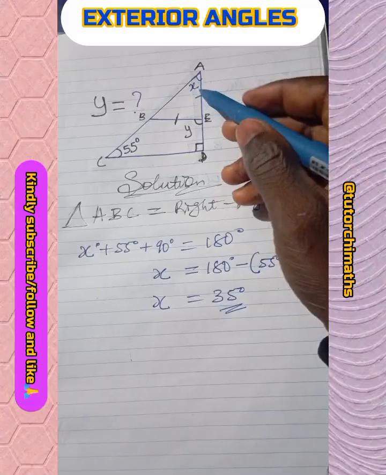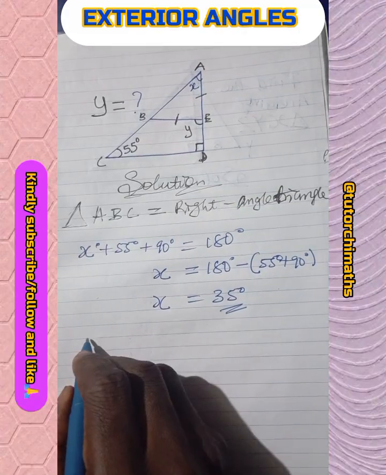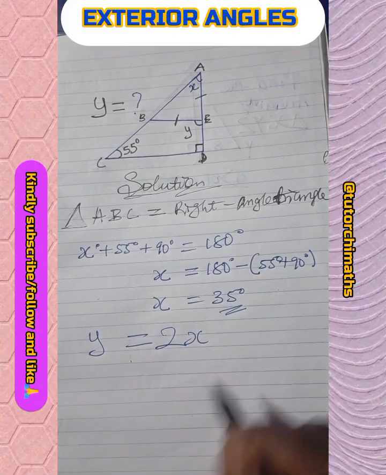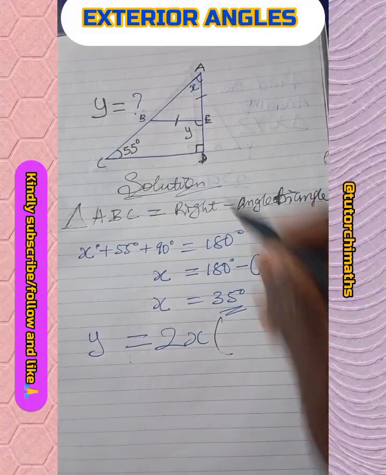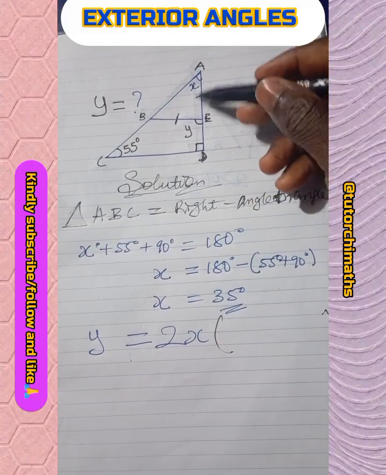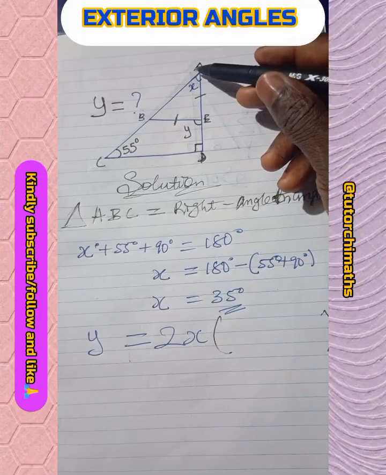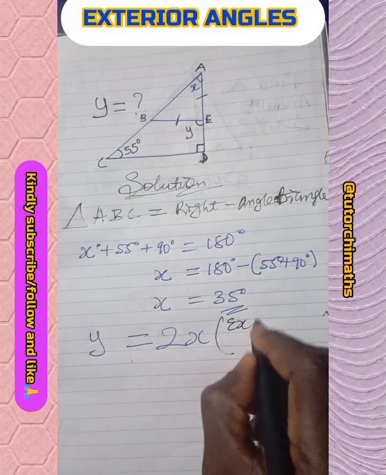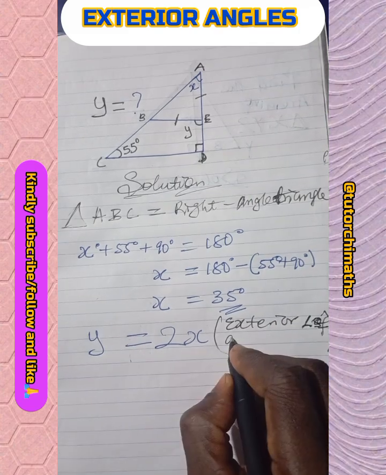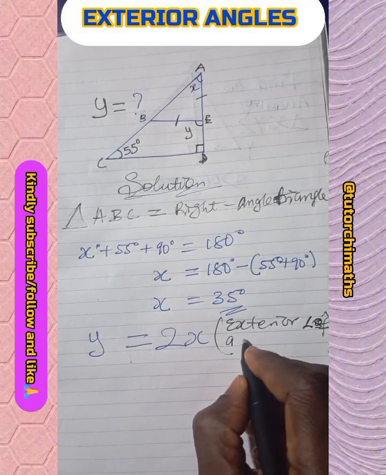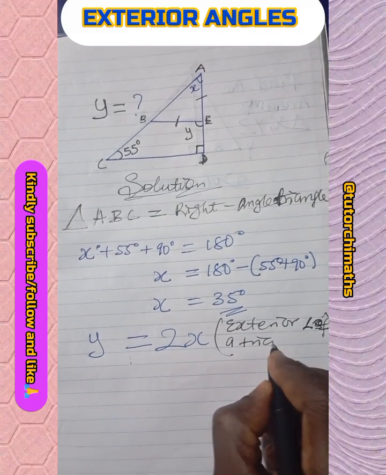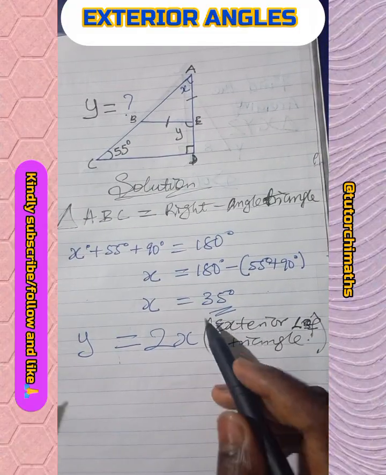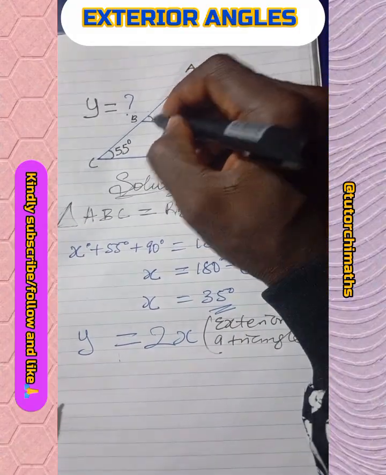Okay, so if x is 35 degrees, can we find y? Yes, y is equal to 2x. What is the reason? See, this y is an exterior angle to this isosceles triangle ABE, so we have exterior angle of a triangle. Here also should be x.